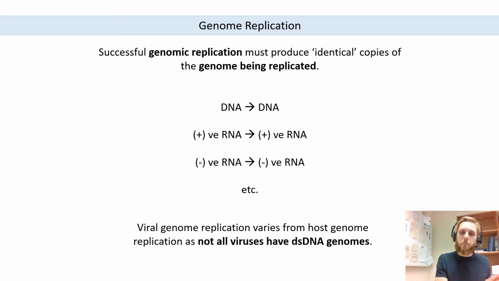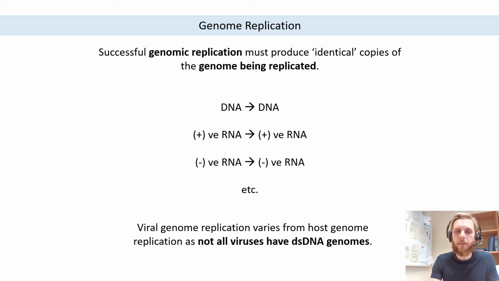If the genome is positive single-stranded RNA, the genome copy produced through genome replication must be exactly the same format. It must be positive single-stranded RNA. That's a real fundamental principle at the core of genome replication. Genome replication has to produce a copy that is in the same format. We'll see why this is really important later.